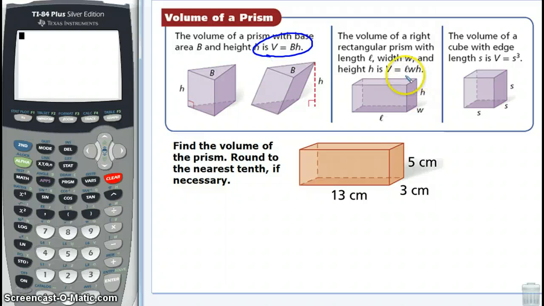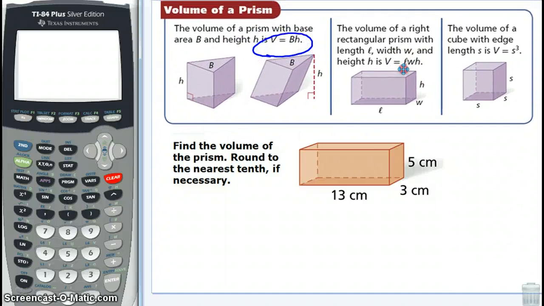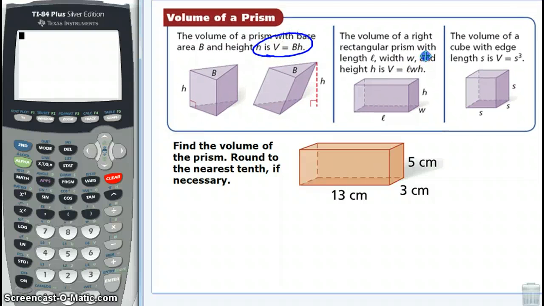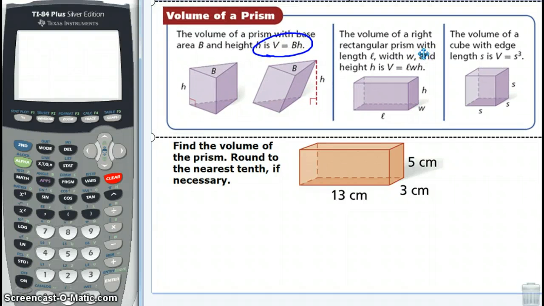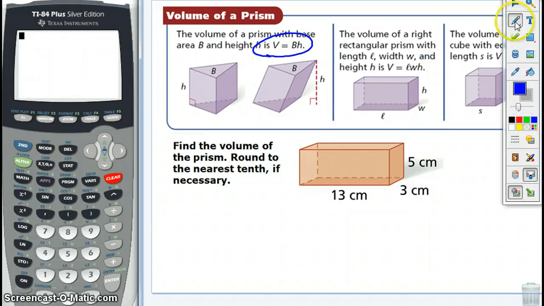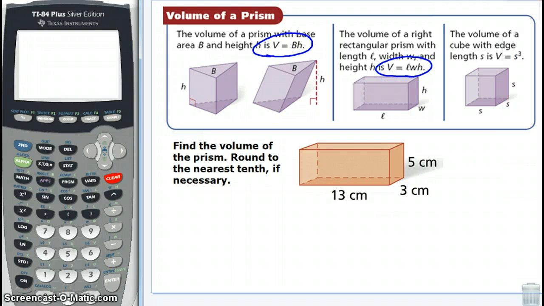There are some shortcuts here. If it's a box, as you already know, it's length times width times height. And if it's a cube, you just take the side and you cube it.